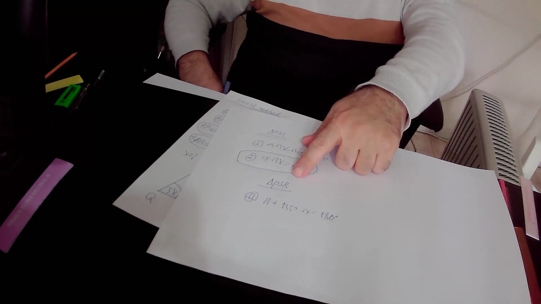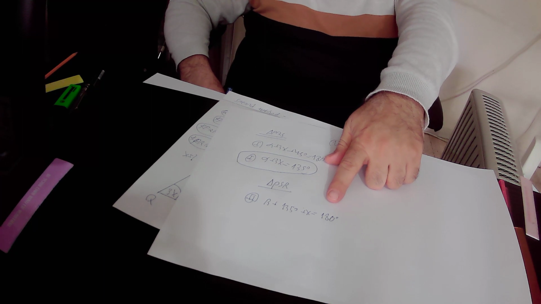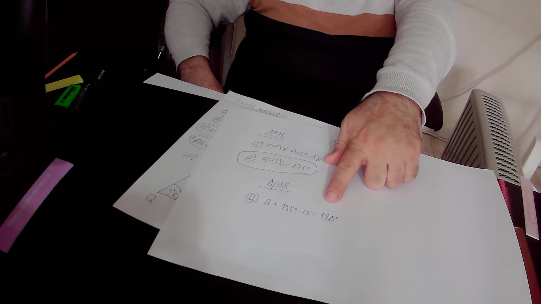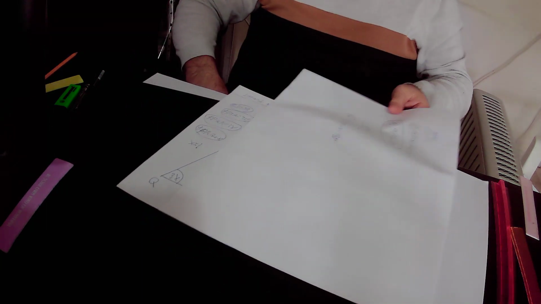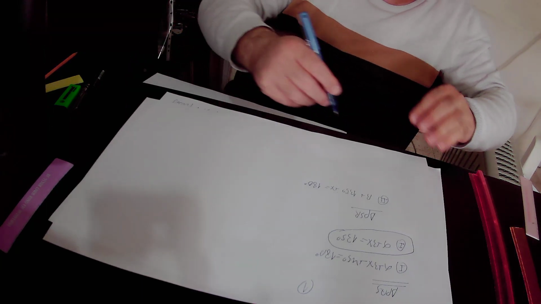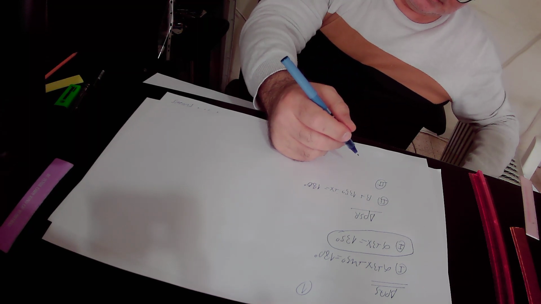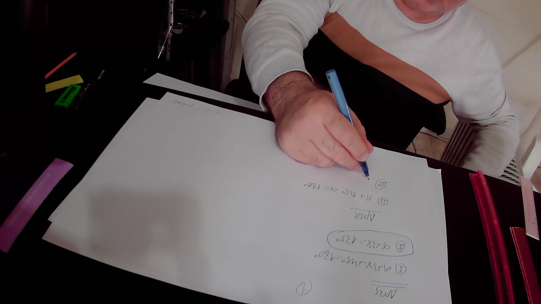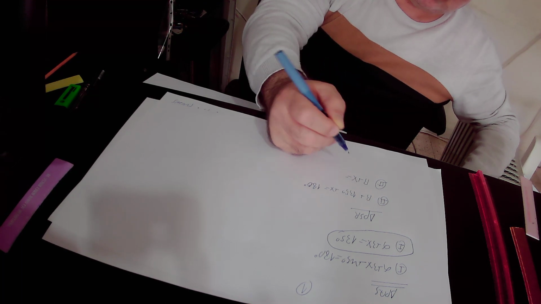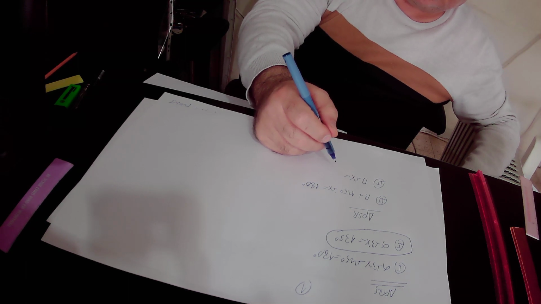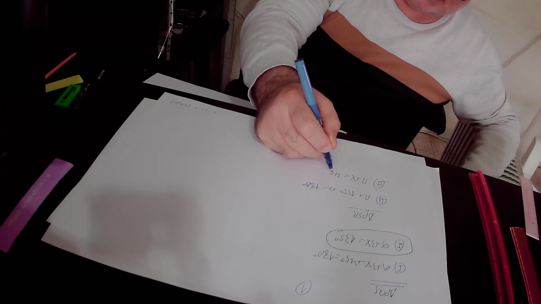In triangle PSR, beta plus 135 degrees plus x must be equal to 180 degrees. We will subtract 135 degrees from this equation, equation number 2, and we will get that beta plus x equals 180 degrees minus 135 degrees, which equals 45 degrees.